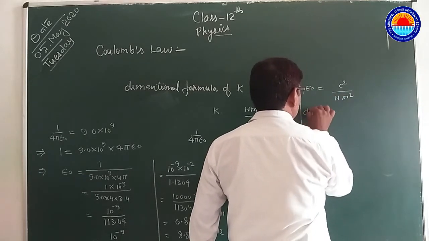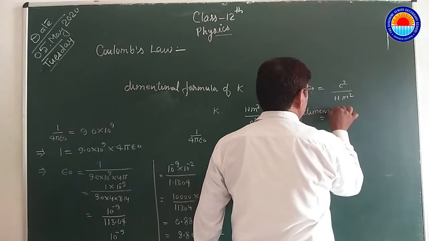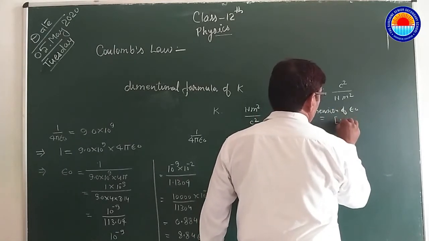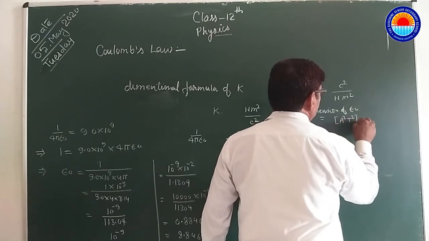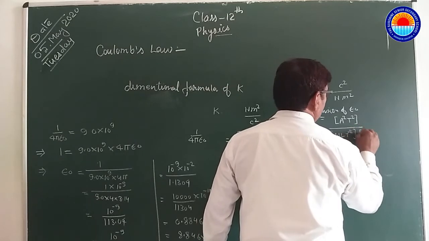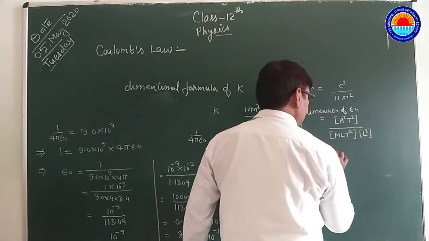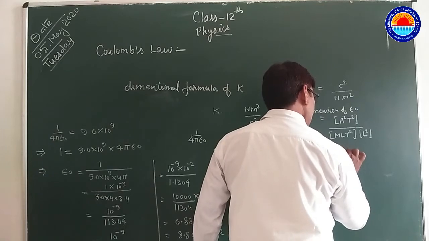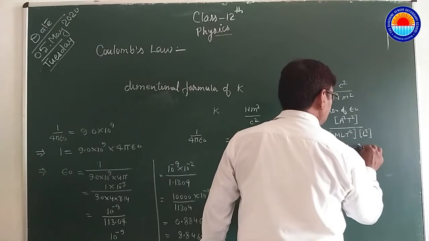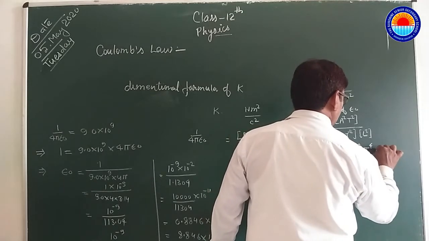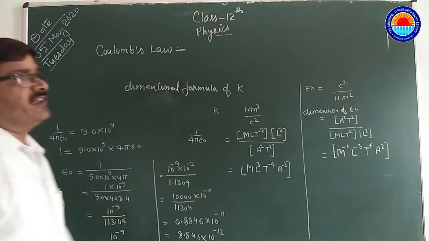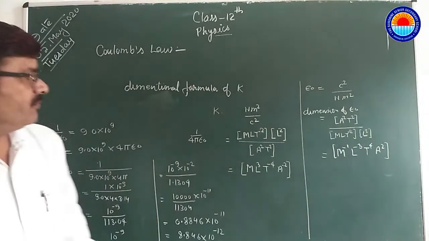That is, the dimension of epsilon naught is equal to the dimension of charge square upon the dimension of force and distance square. It is M to the power minus 1, L to the power minus 3, T to the power 4 and A to the power 2. This is the dimensional formula of epsilon naught.